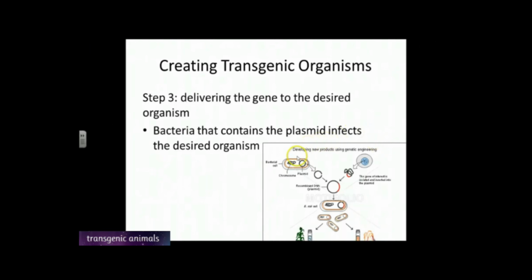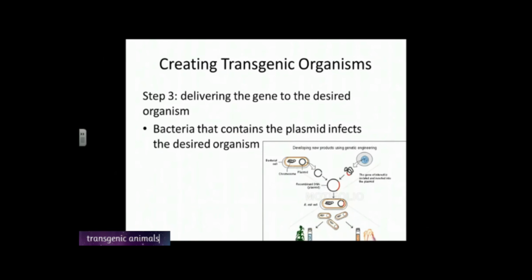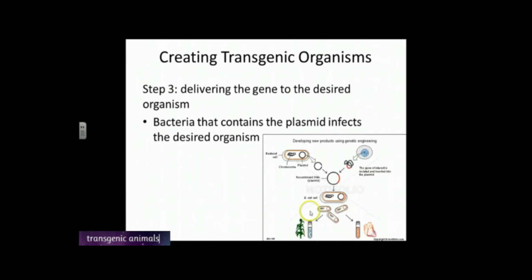So this is kind of a summary of what we did. Okay, so we took a bacteria that has a plasmid, a circular piece of DNA, and we cut the plasmid. We also cut the gene out that we want to put into our new organism.